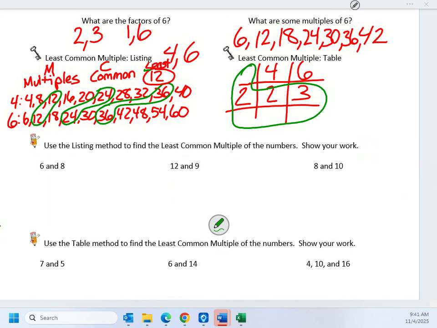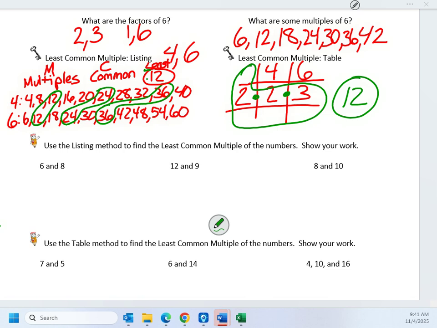So anything on the left, I only pulled one number out on the left, but I also have a 2 and a 3 on that bottom row. I multiply all those together. 2 times 2 is 4. 4 times 3 is 12. I get the same answer.